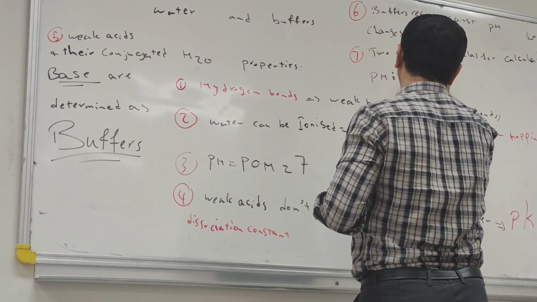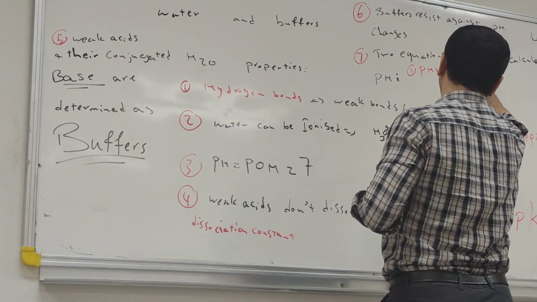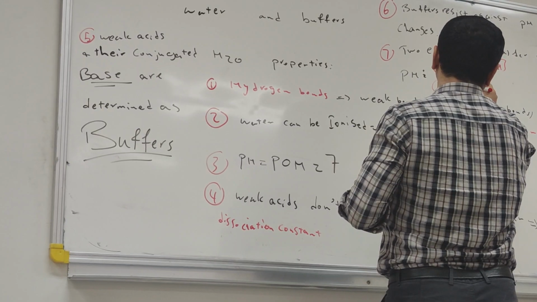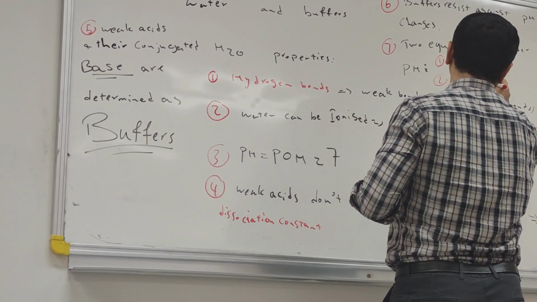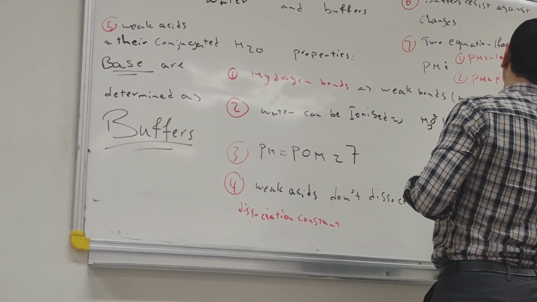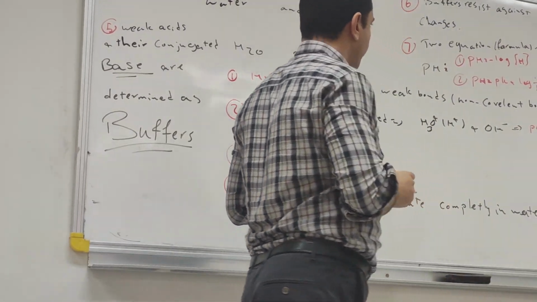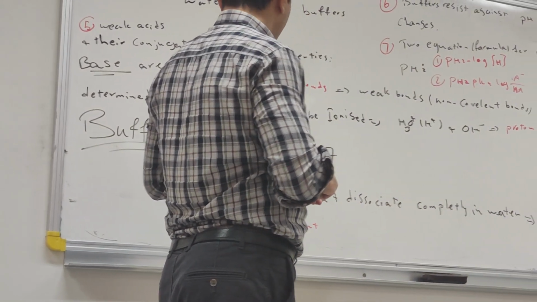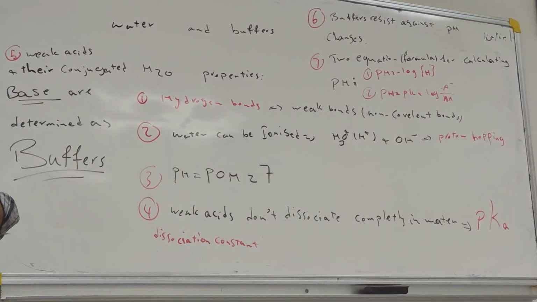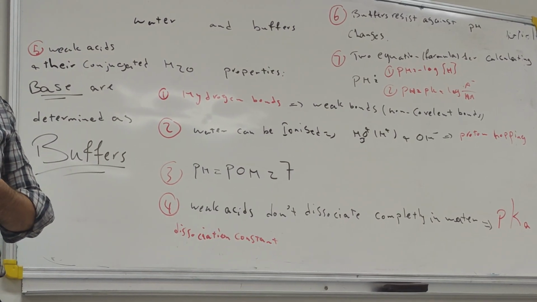The first one, pH is equal to pKa, and the second is the Henderson-Hasselbalch equation. This is the most important bullet point in our last session. Is there any question?